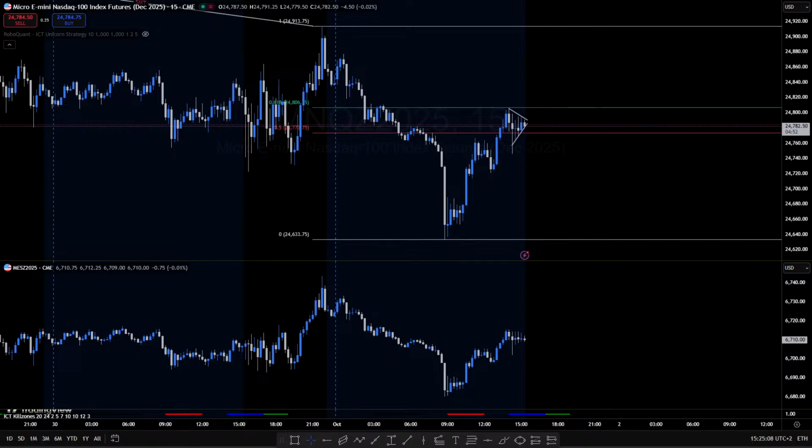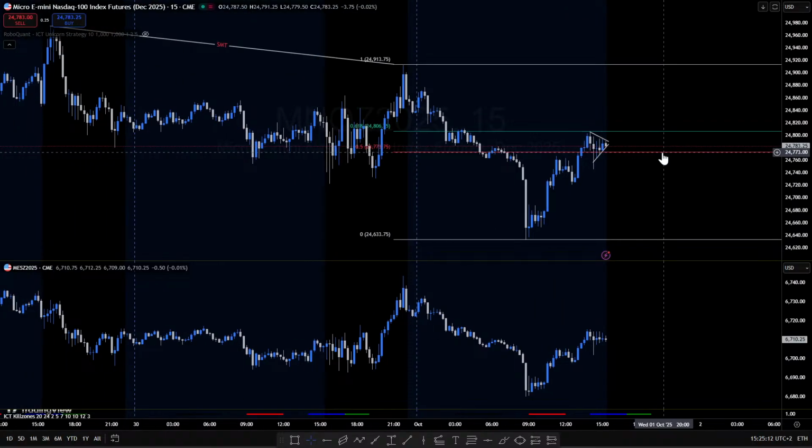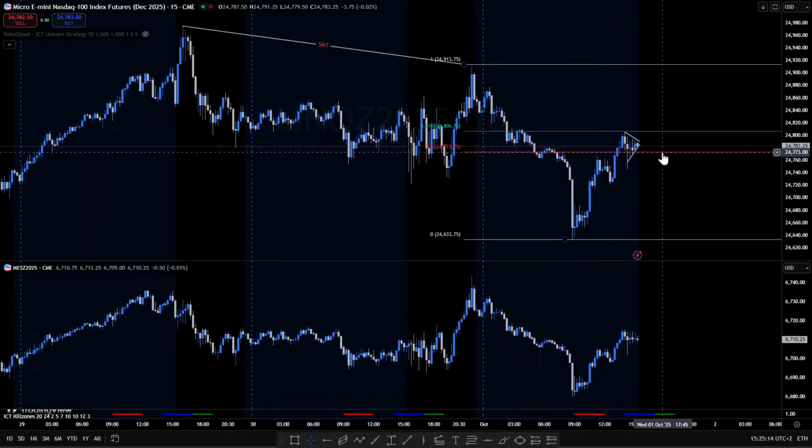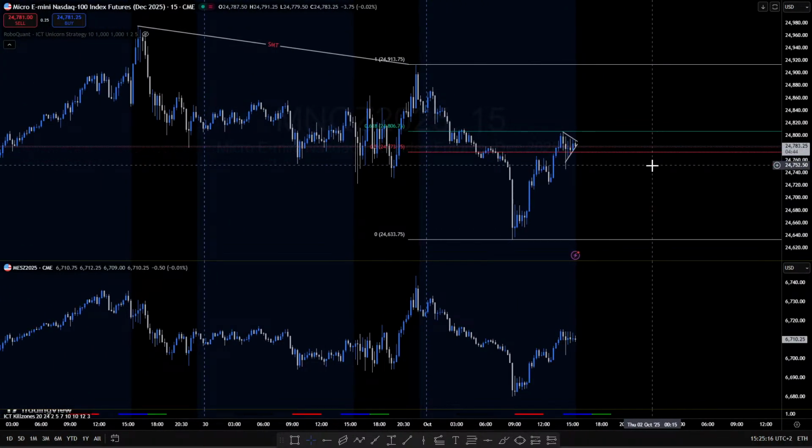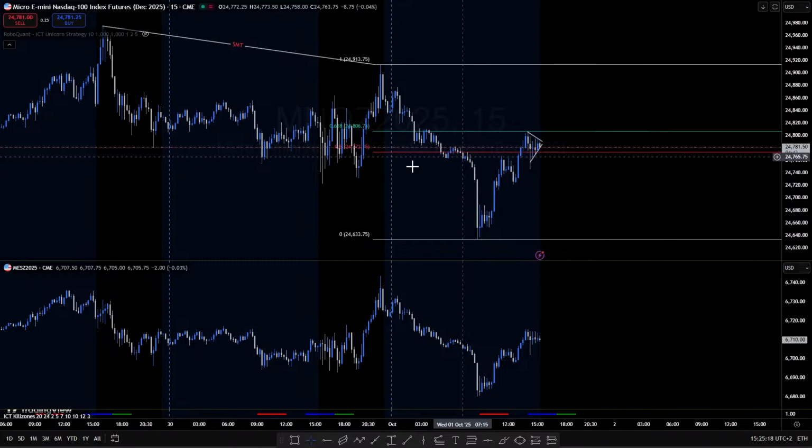That does not mean it cannot drop. It can. But I start the day off with the expectation of where can it reach to? Because if you're going to start learning how to read the tape before you even trade, before you ever put any risk on, ever, you need to know what you're looking at, what you're studying, why should the market behave a certain way, and that is ICT.